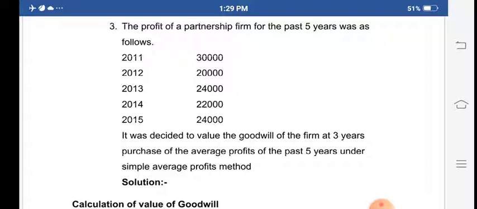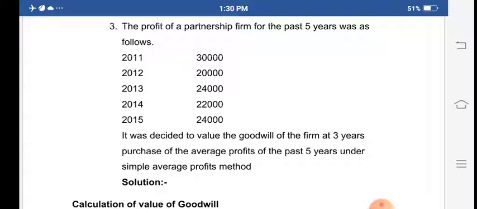Now see problem number 3. The profit of a partnership firm for the past 5 years was as follows. These are the 5 years given: 2011, 2012, 2013, 2014, 2015.